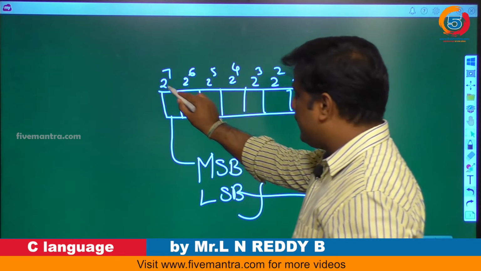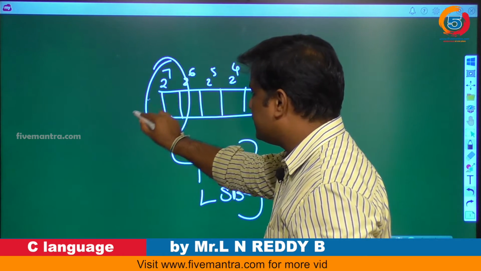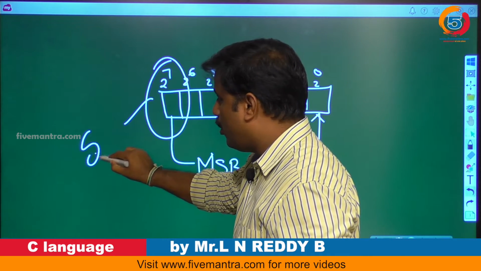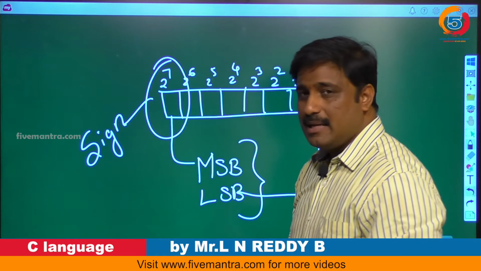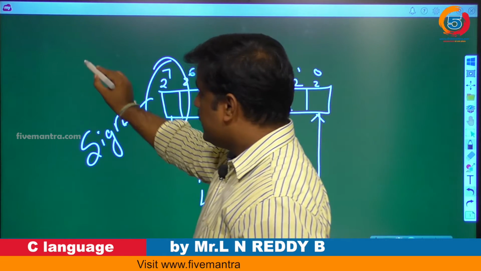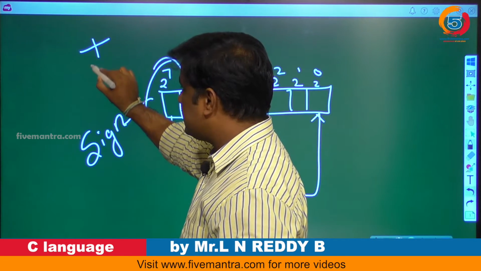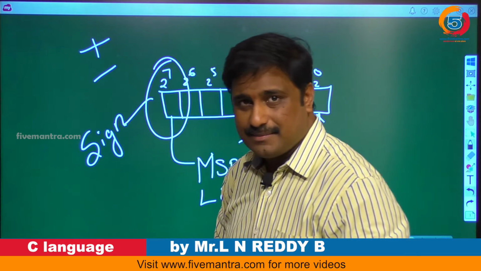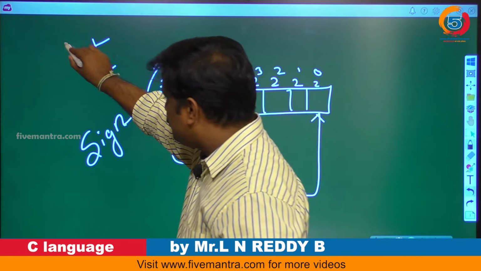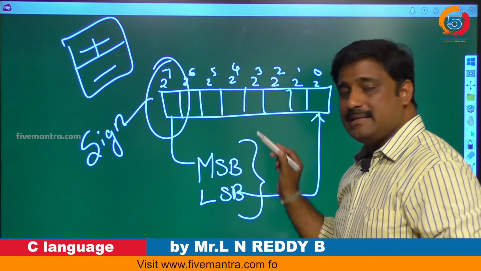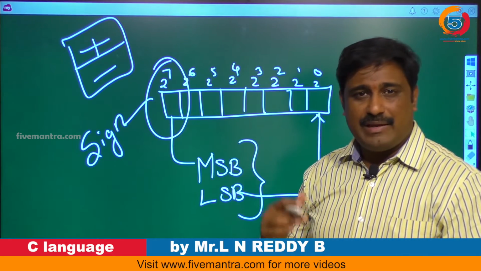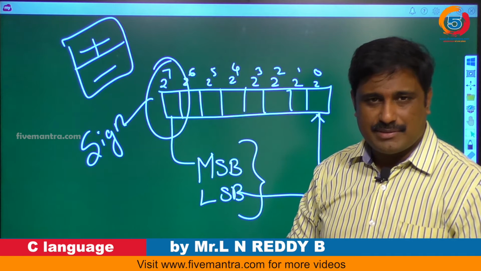And this MSB is used to represent the sign of any number. Sign means we have two signs, one is plus, another one is minus, and I want to represent these two signs. Why? Because I am saving numbers inside this memory, right?